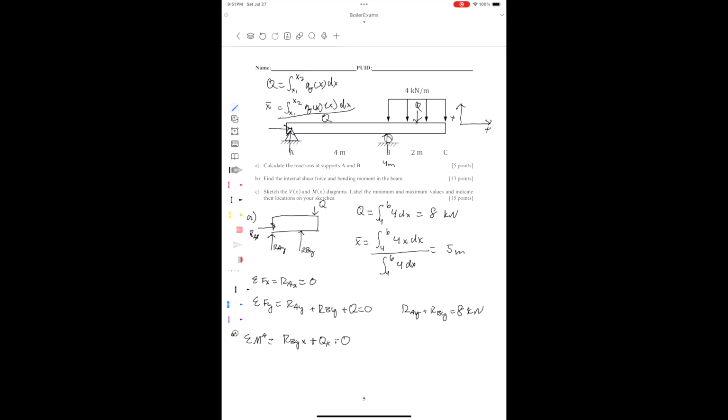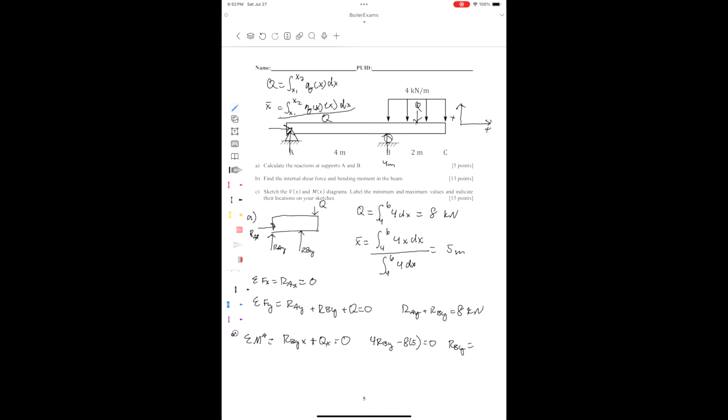Let's see, B is at 4 meters. That's how long that length is. So it's going to be 4 RBY minus 8 times 5.